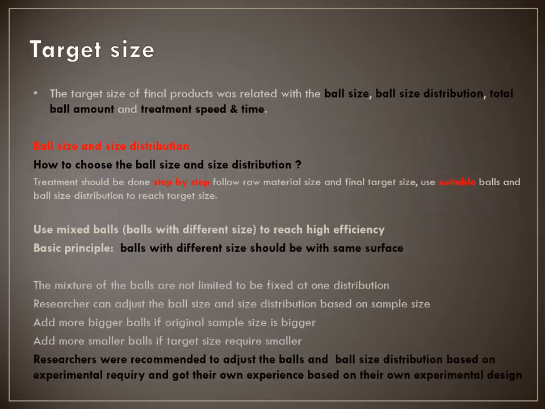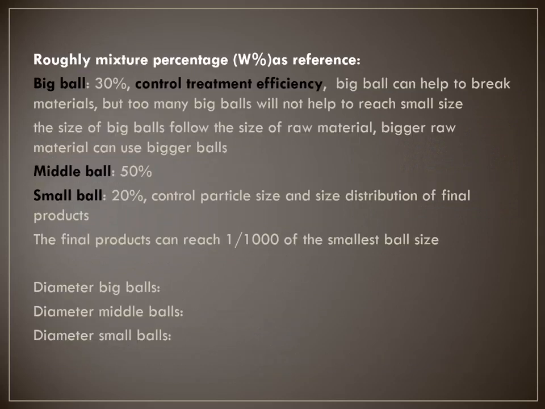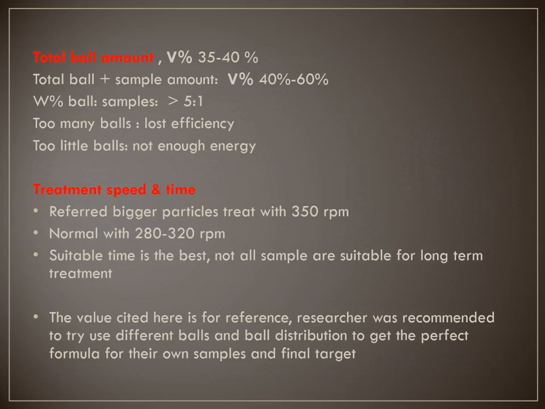Next is the ball size distribution, ball amount, treatment speed, and treatment time. These 4 parameters need to be optimized to get your optimal treatment condition when you are using the formula.